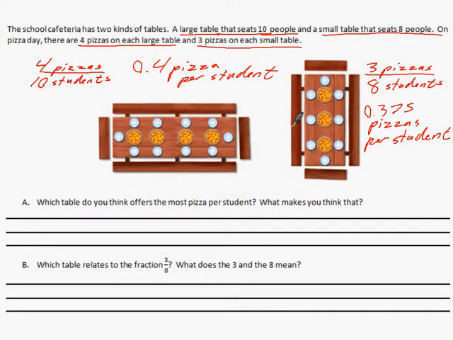So, according to this, at the large table you get 0.4 of a pizza, and at the small table you get 0.375. So even though there's fewer people to split it between, there is less pizza.